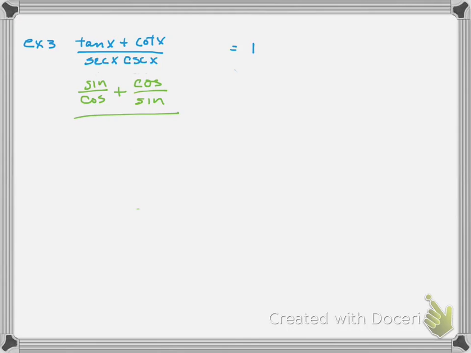All of that is over 1 over the cosine times 1 over the sine. So the common denominator is just going to be sine cosine.